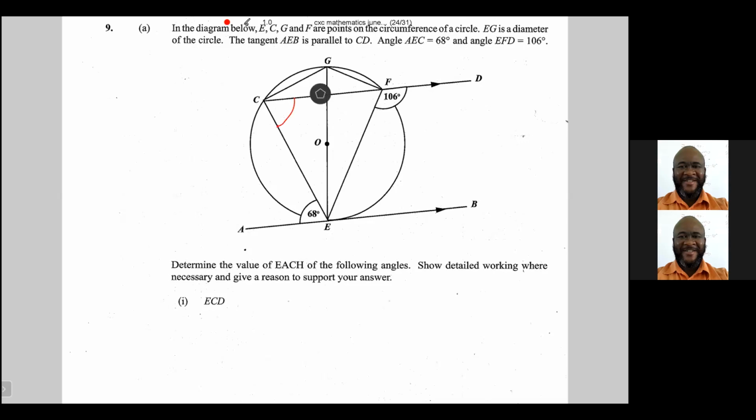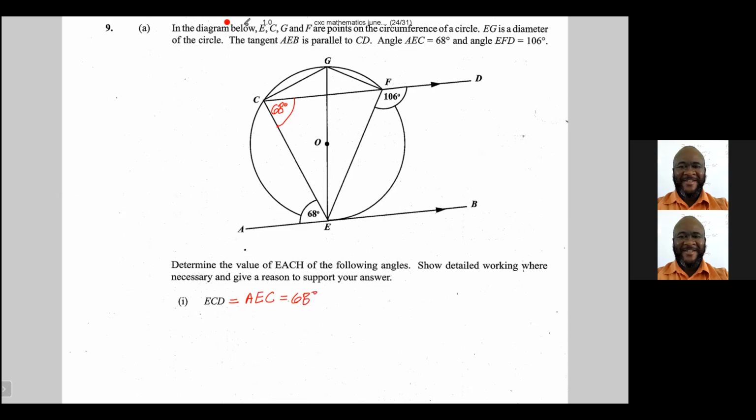All right, so first of all, it's easy to see that this angle is also 68 degrees, simply because the two angles are alternate angles. So angle ECD is equal to 68 degrees. So it's equal to angle AEC, which is equal to 68 degrees.